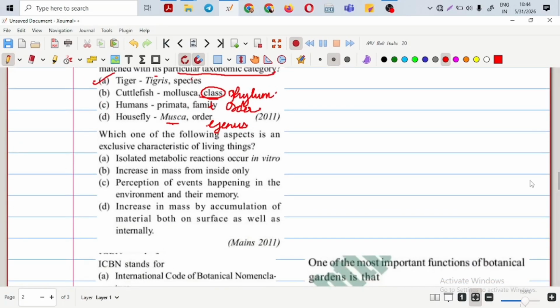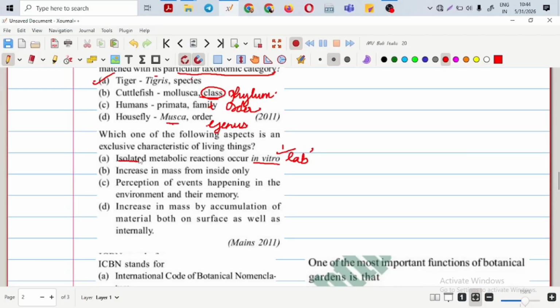Which one of the following aspects is an exclusive character of living things? Okay, isolated metabolic reactions in vitro only? No, we do it in our body. Not only in vitro, which means in the lab. Not only in the lab, we do have metabolic reactions in our body.